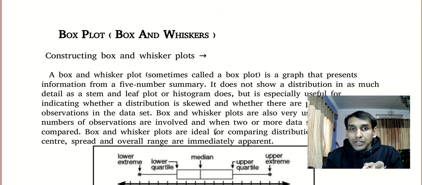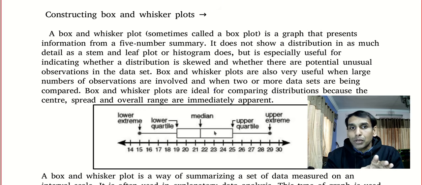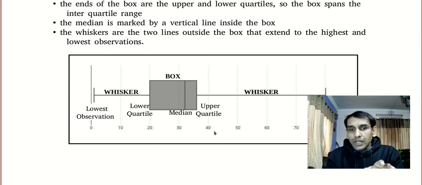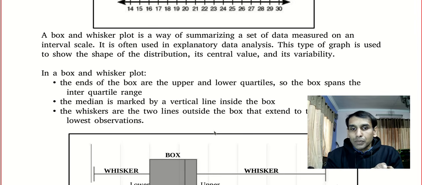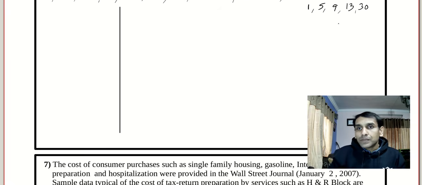Okay, so we are back to box plot. By the way, you can take a screenshot of this. This is the theory part for box plot, because I told you sometimes they will ask the theory for box plot. Now back to the problem. Now what I'm going to do is make a scale.